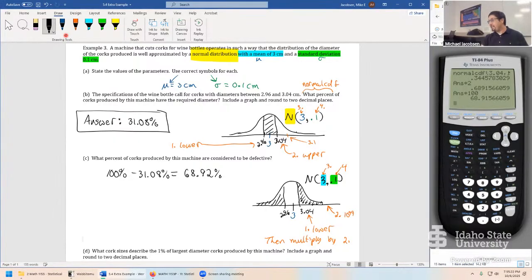And we're trying to get that area there. I mean, there's a third way to do it, right? You could have also used the lower as negative 10 to the power 99, 2.96 as the upper, then get that area, multiply it by 2, and you would have gotten the same value once again. So really 3 different good ways to calculate on this kind of problem. Any questions on either way of doing it?